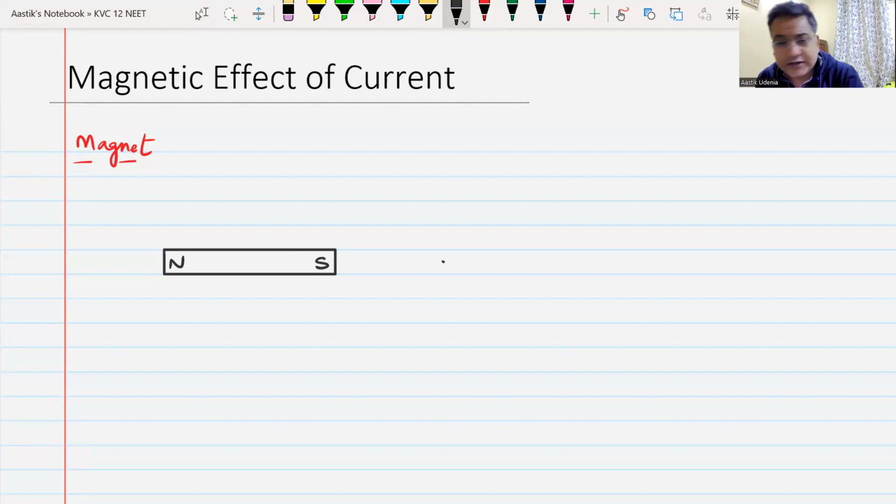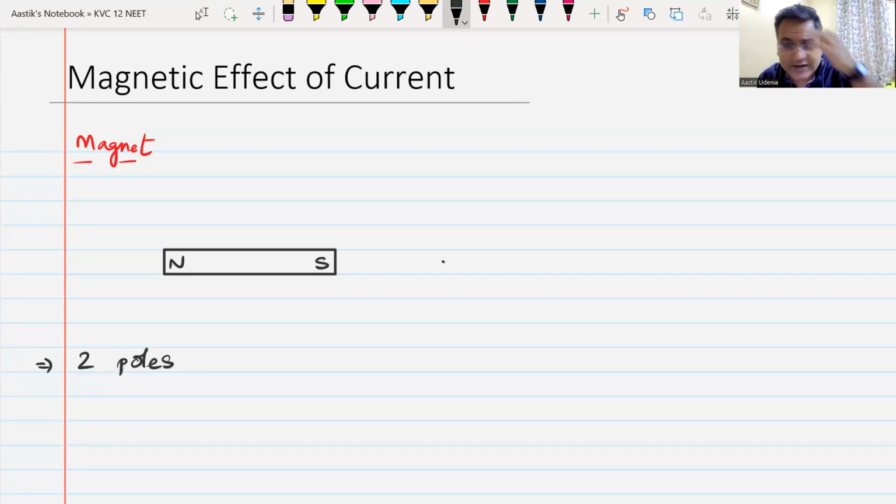Now, whenever we talk about any magnet, every magnet has two poles. Yes or no? Can you create a magnet which has only one pole, a magnet which only has a north pole or a south pole?